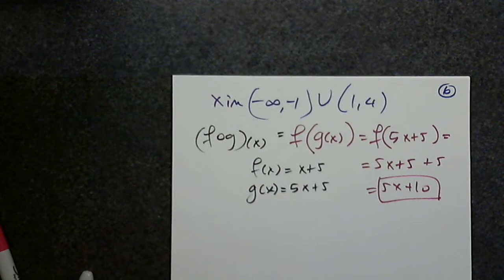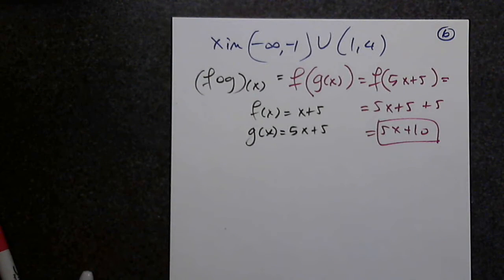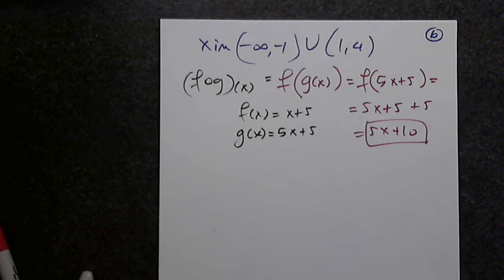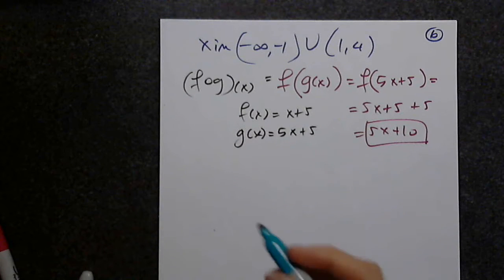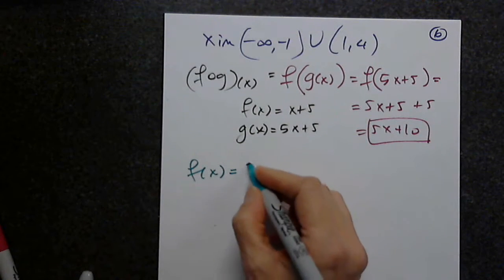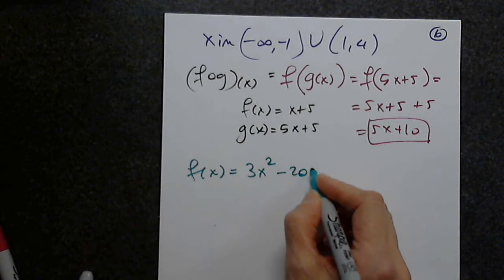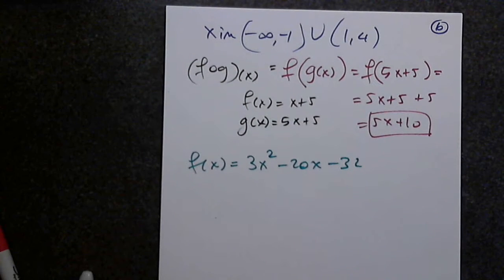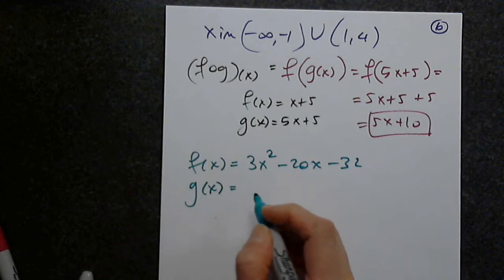Okay, next question. Anything else you would like to go back to? We can go back to a polynomial. We can go back to graphing a rational. We can go back to, you name it. Good luck with your test. Anything. F of x is 3x squared minus 20x minus 32, and then g of x equals x minus 8.